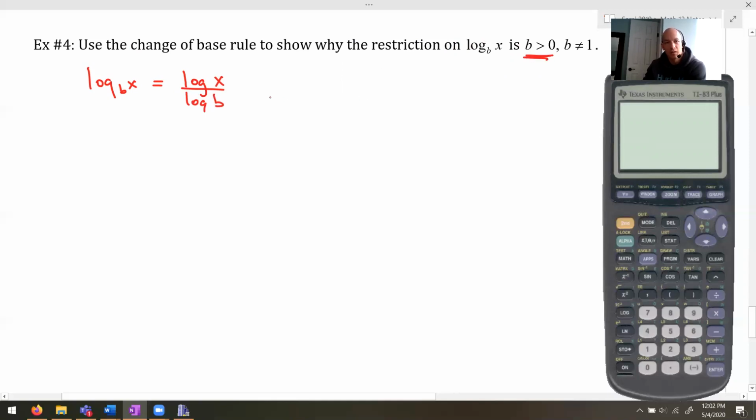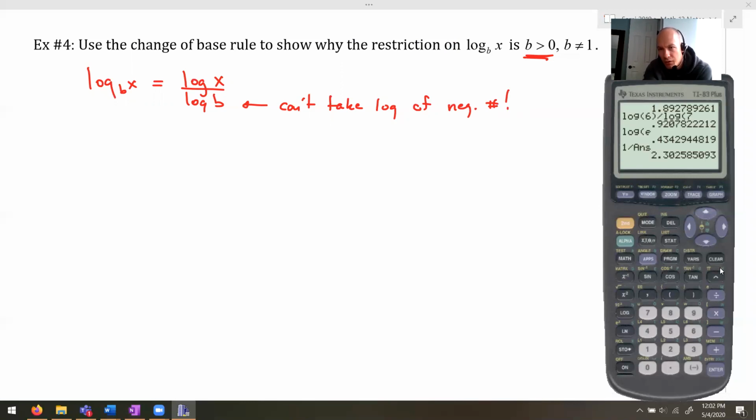Remember, you can't take the log of a negative number. It doesn't work. If you don't believe me, go to your calculator, type in log. Hello, calculator, you fell asleep. Can't believe they programmed the falling asleep battery saving function on the virtual calculator. Anyway, so log of -1 doesn't work, right? You always get a non-real answer.